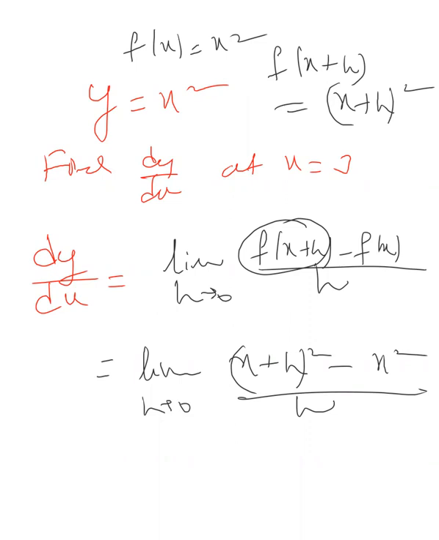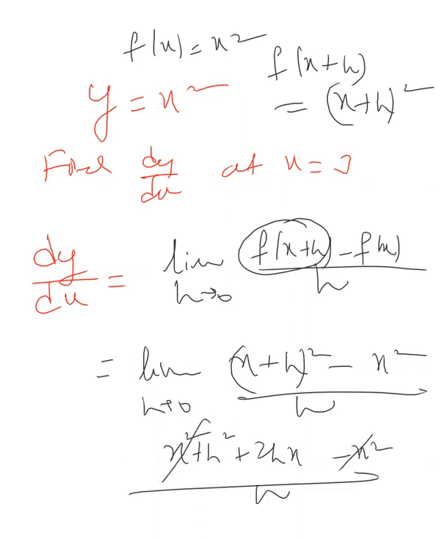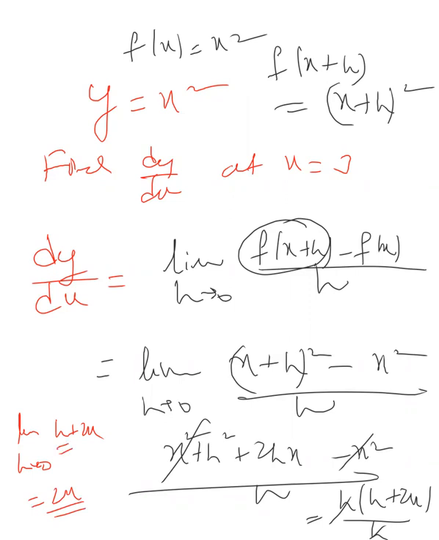For that we have to simplify it first. So let us simplify it by expanding it and trying to remove h from the denominator. If you take h common from the numerator, this h will get cancelled from the denominator and you are left with limit h tends to 0, h plus 2x. Now you can substitute the limit h tending to 0 and your answer will be 2x.